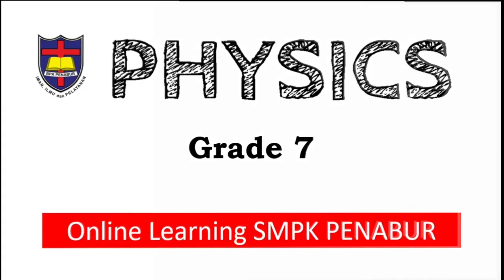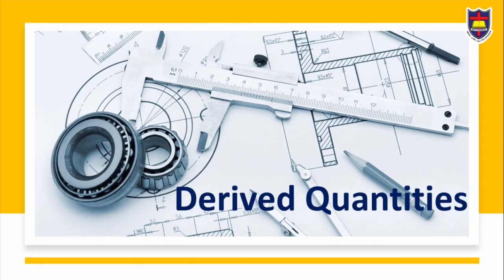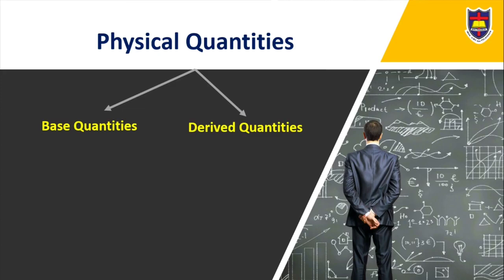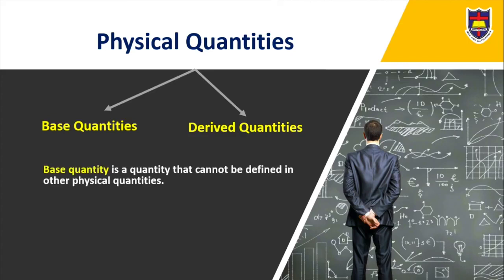Today, we are going to continue our learning about derived quantities. In the previous lessons, we have learned that there are two types of physical quantities, the base quantities and derived quantities. And we also learned that a base quantity is a quantity that cannot be defined in other physical quantities.